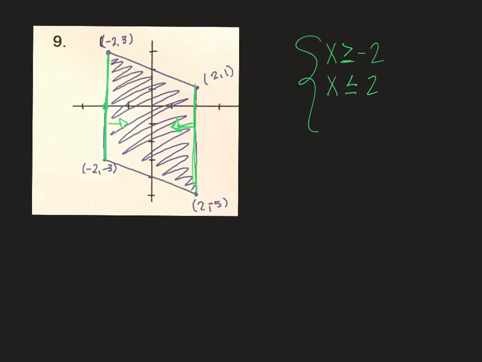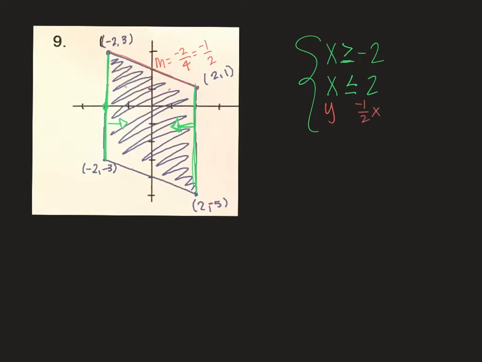So now we just have our two lines that have a slope to them. So to get from negative 2, 3 to 2, 1, we're going down 1, 2 over 1, 2, 3, 4, which is going to give us the slope of negative 1/2.